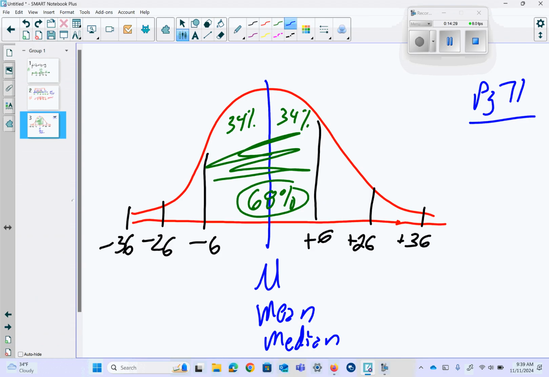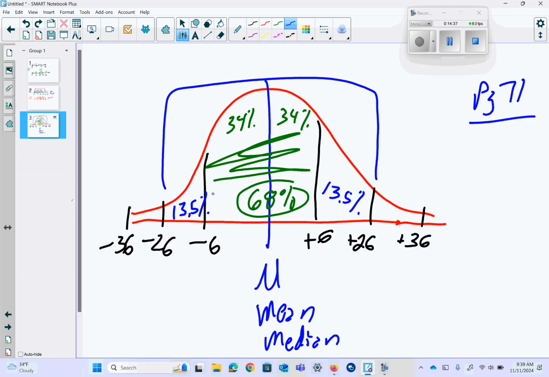If I were to include these regions out a little bit further, this is 13.5% of the area, as well as 13.5%. So if I were to go within 2 standard deviations of our average, we're talking about roughly 95% of our data. And then if we go a little bit further out, this is an area of 2.35%, and this is an area of 2.35%.